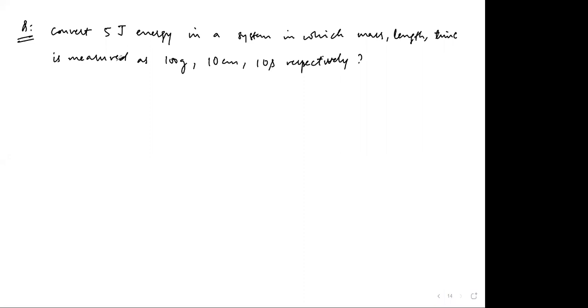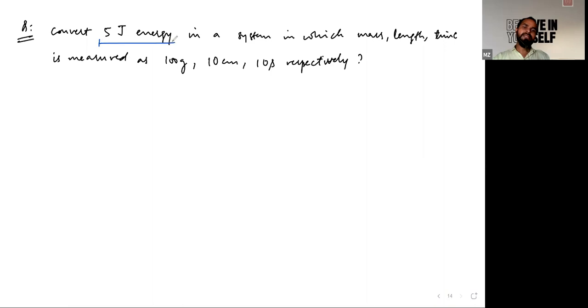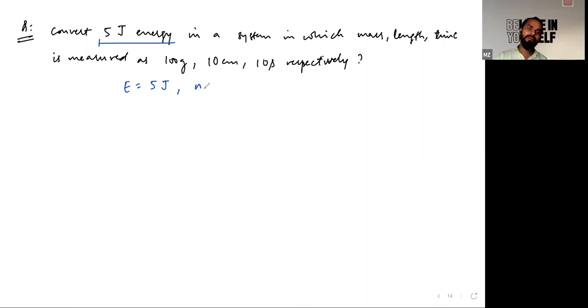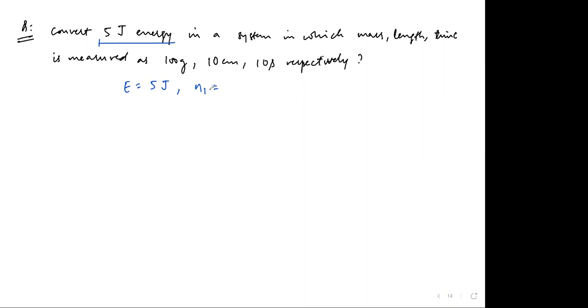Yes, sir. What we have to convert is energy: 5 joules. So energy is equal to 5 joule. What will be your numerical part in the first term? The value of N1 is 5. Good.